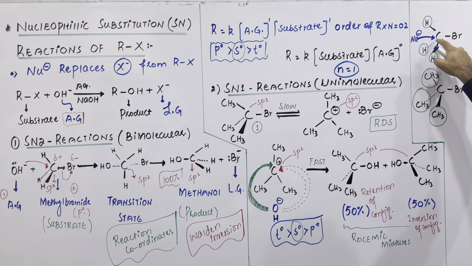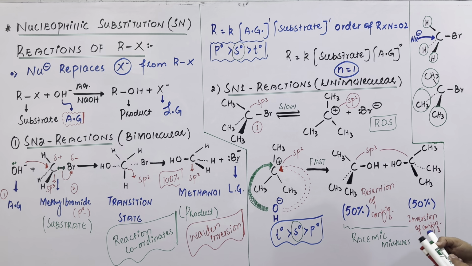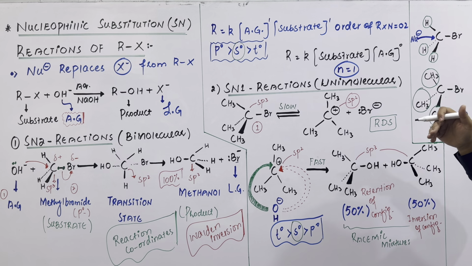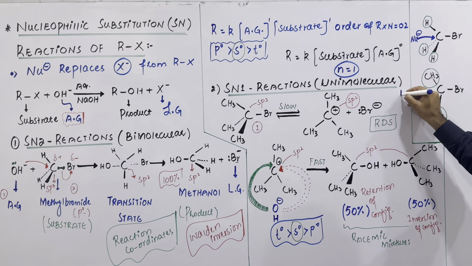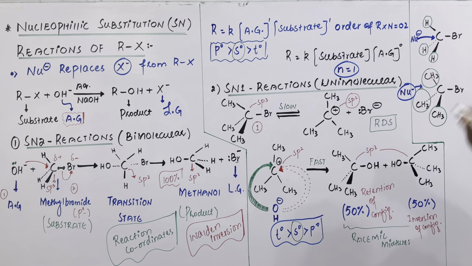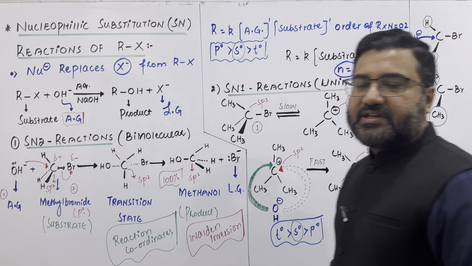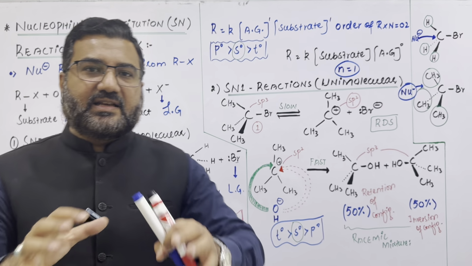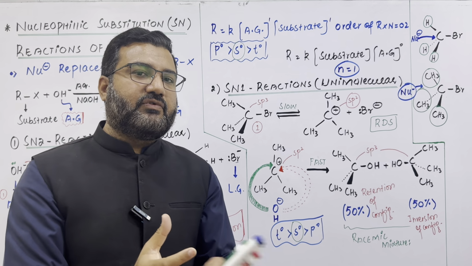So the attack of the nucleophile is possible even if the leaving group is attached to the alpha carbon. But in the case of the tertiary alkyl halide, bulkier groups are attached with the alpha carbon, giving very high steric hindrance. When the nucleophile approaches the molecule to attack, it will not find any space through which it can approach the alpha carbon, as the bulkier groups will not provide any space.